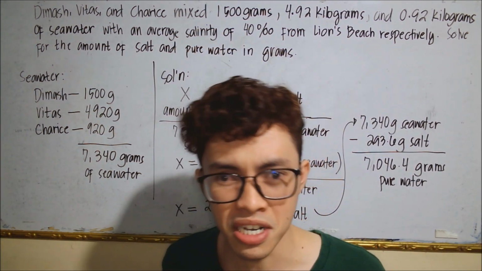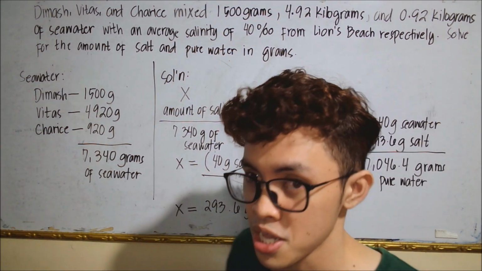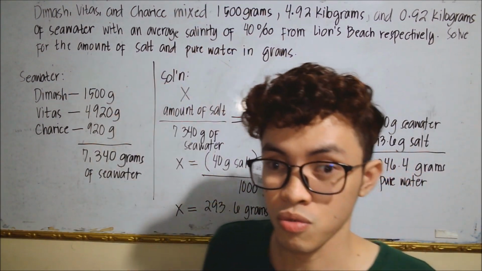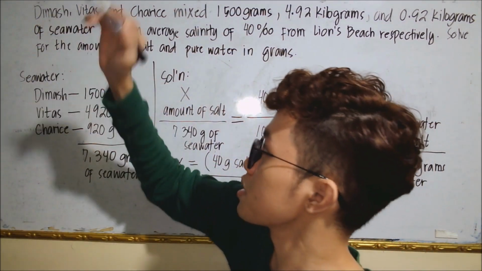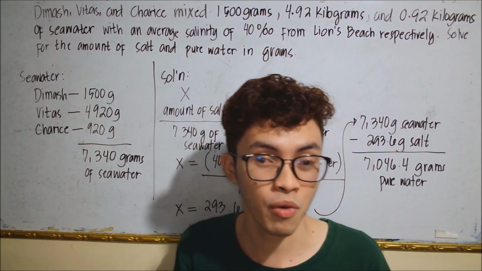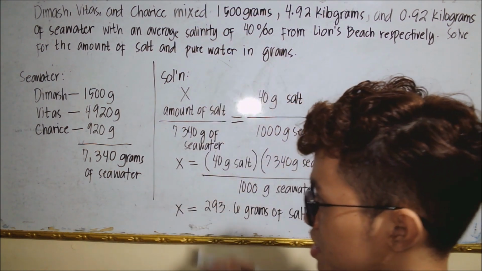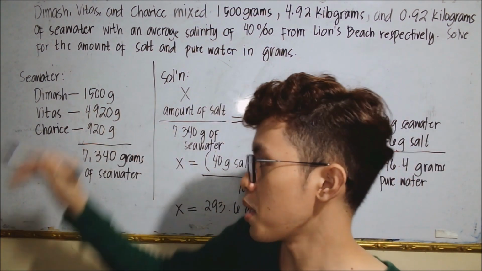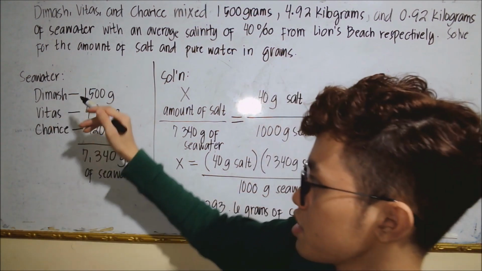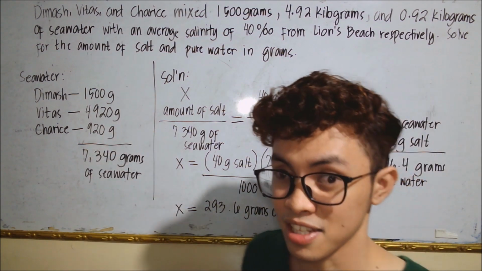So our problem here is we will identify how much salt and how much pure water is in the mixed water fetched by Dimash, Vitas, and Cherise from the Lions Beach with a salinity level of 40 parts per thousand. Okay, so first thing, let's just add up the amount of the seawater. We have Dimash 1,500 grams, Vitas 4,920 grams.